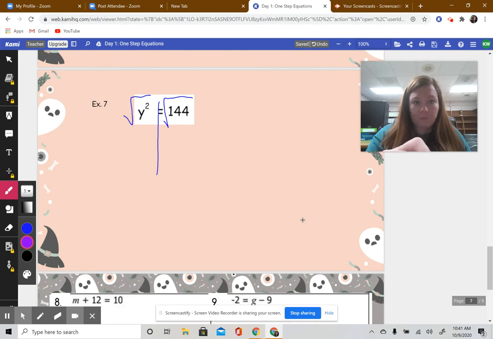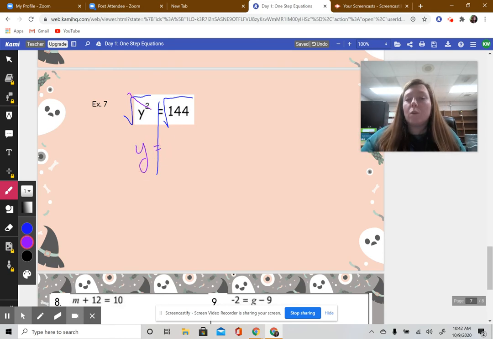Now, the 2 and the square root cross each other out. They eliminate each other. So the only thing left on the left-hand side is going to be y. Now, the square root of 144. Does anybody know what the square root of 144 is? 12.